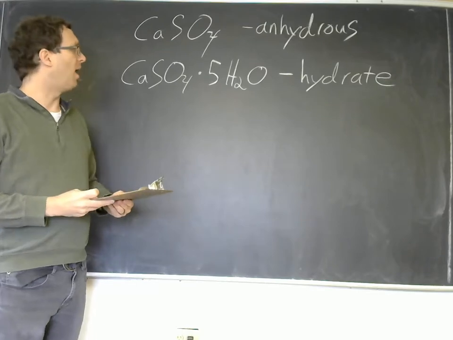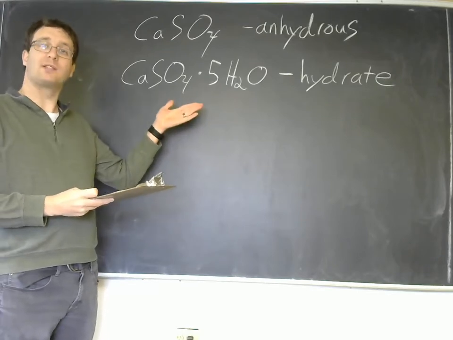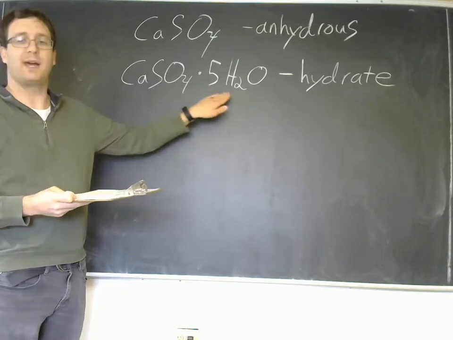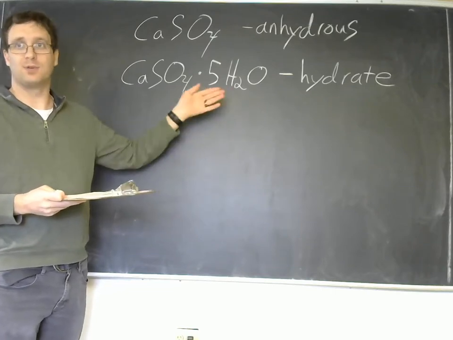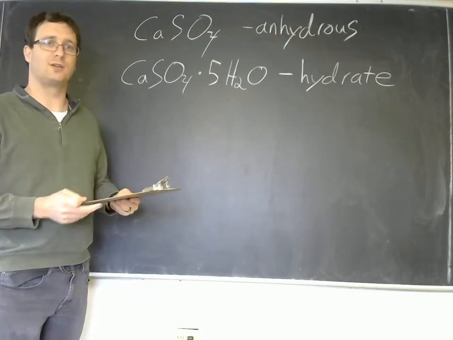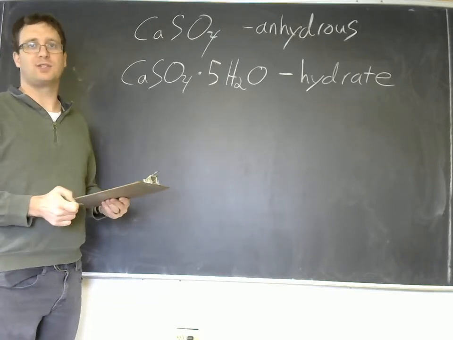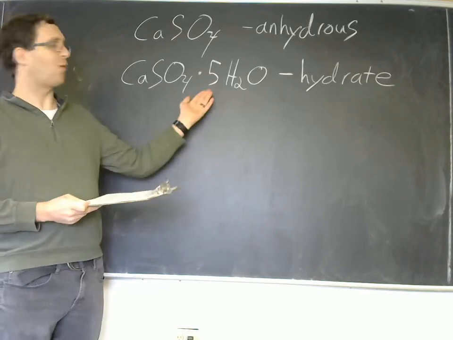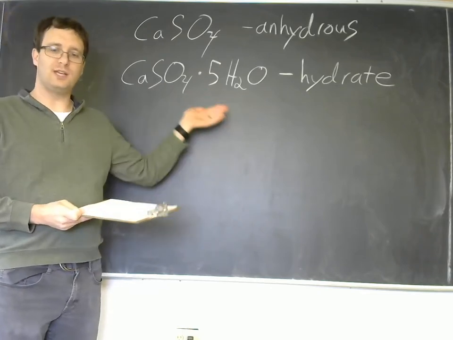And this might change the appearance of the calcium sulfate salt, but it will still be a solid. Despite having all that water in it, it will still be a crystalline solid. You can measure it out on the balance just like any other crystalline solid. It's just incorporated those water molecules into its lattice structure.